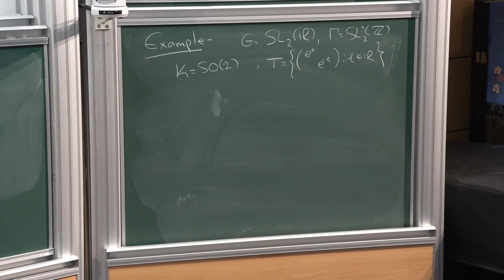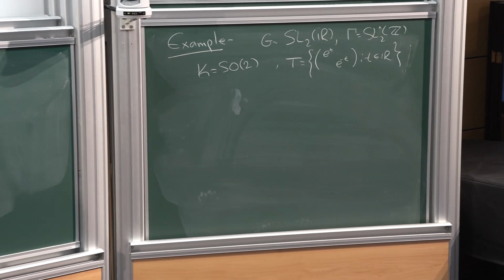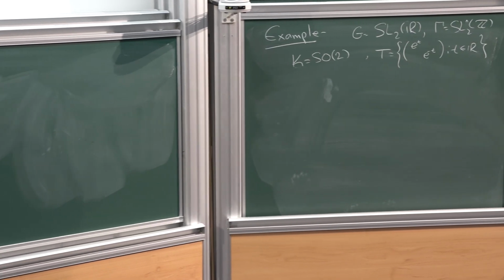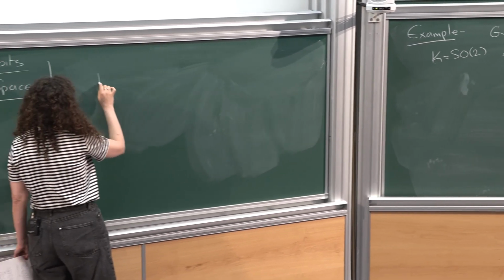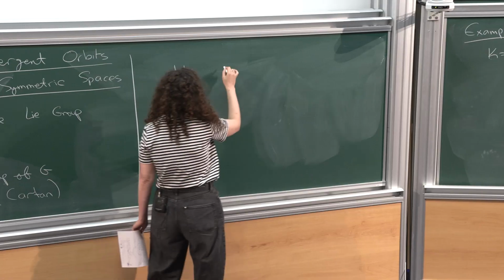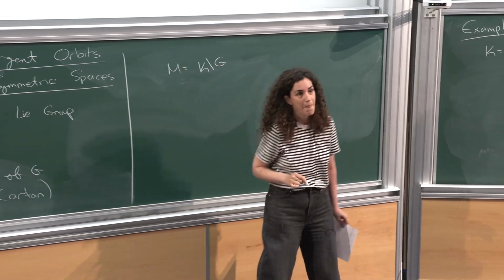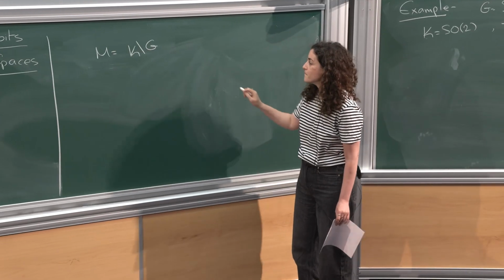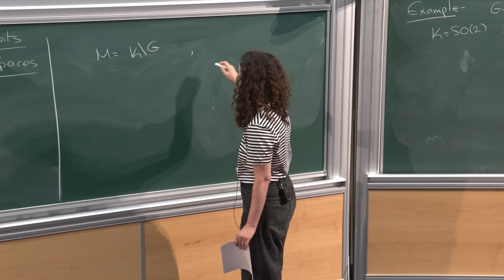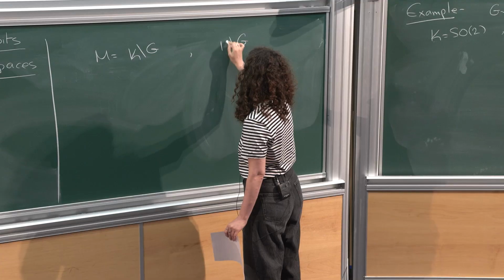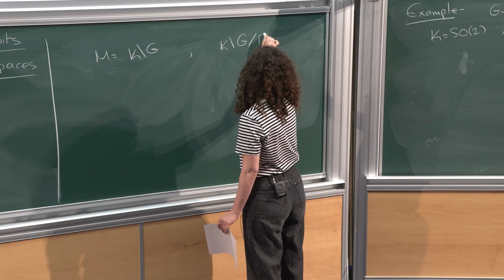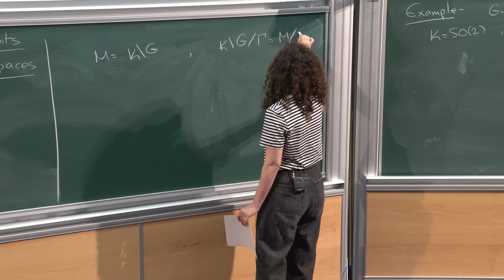Now the spaces that we're going to look at, the symmetric spaces, are going to be M equals G mod K. But we're usually going to be more interested in G mod K mod gamma, or M mod gamma.